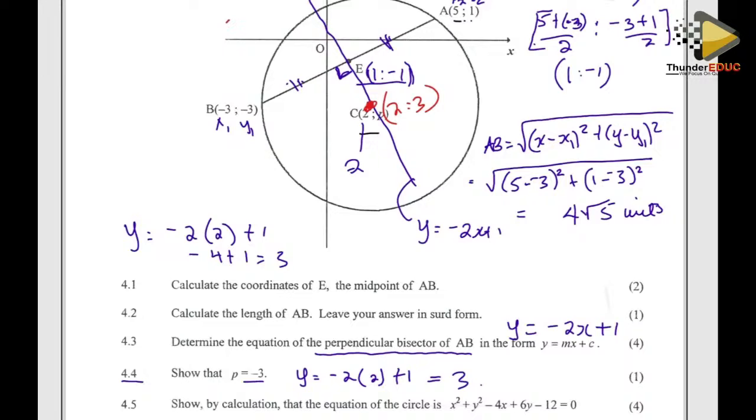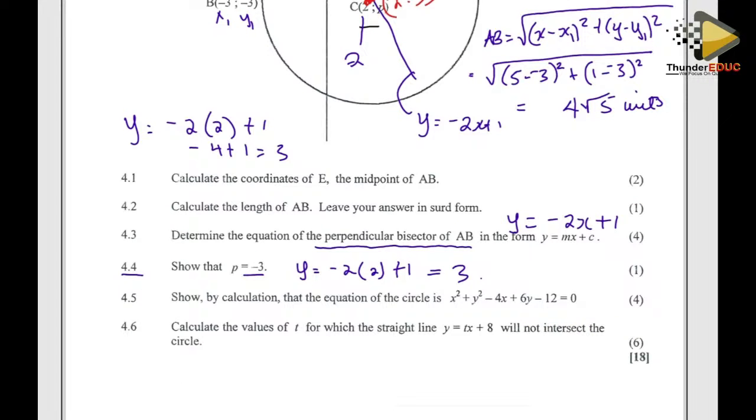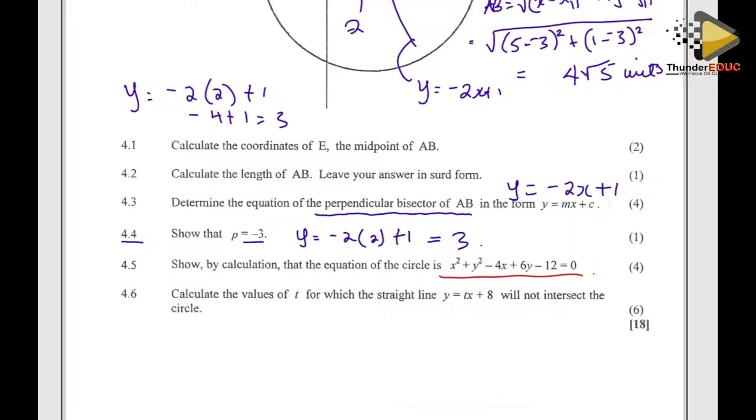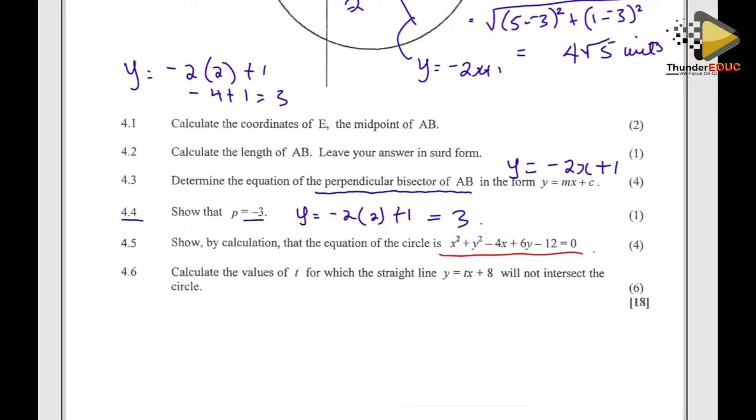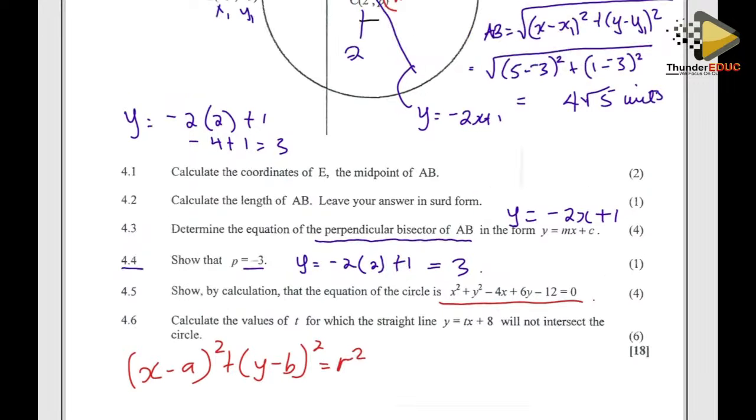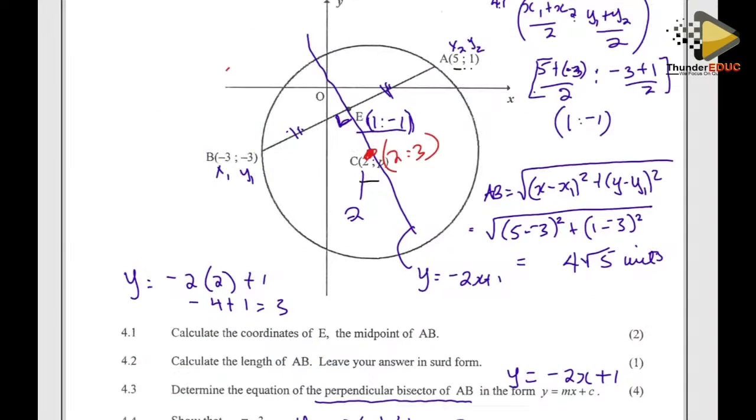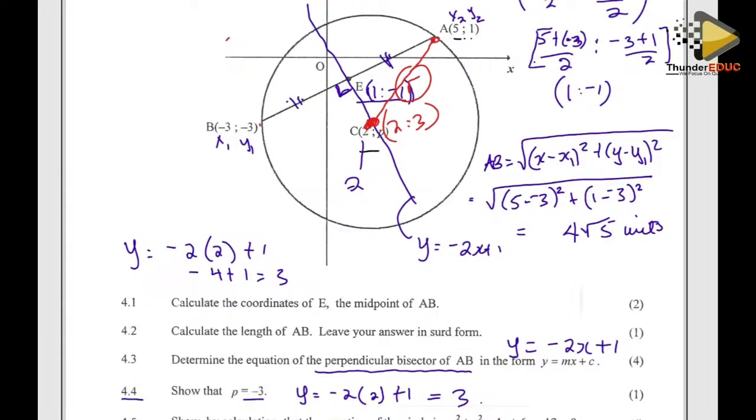They want us to determine the equation of the circle in this format. So what we do in this case, from our x minus a squared, and then y minus b squared is equal to r squared. What we need to get here is our distance. So if I connect this to A, I need to get the distance CA, which is going to be my radius, so I can get the distance CB either way.